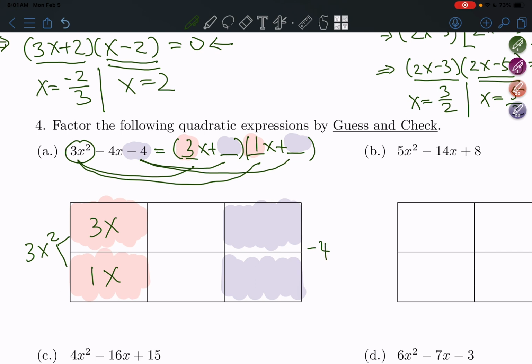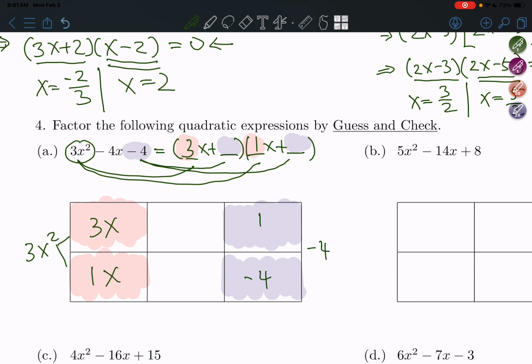So we want to input the factors of negative 4 into this box. Now again, we know the answer is already 2 and negative 2, but even then, there's a choice here. But let's say for the sake of example, you choose to do 1 and negative 4. Both of these are factors of negative 4.